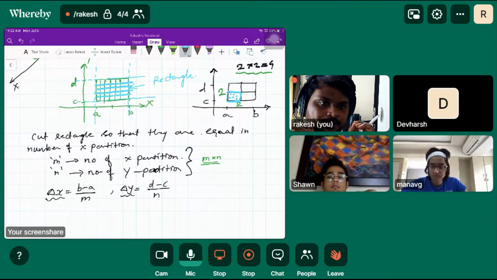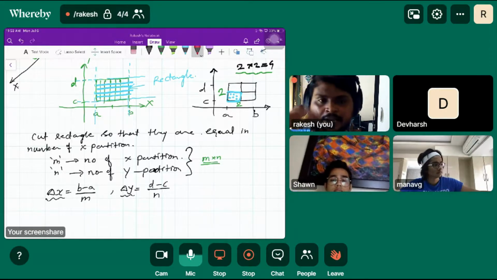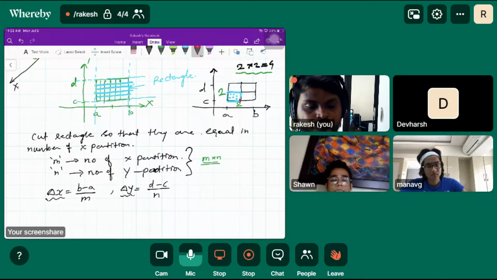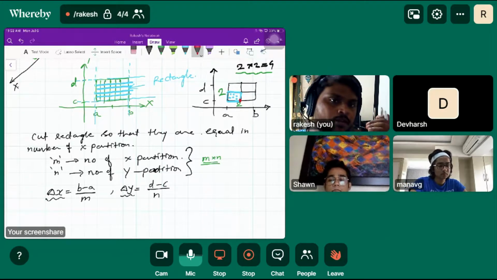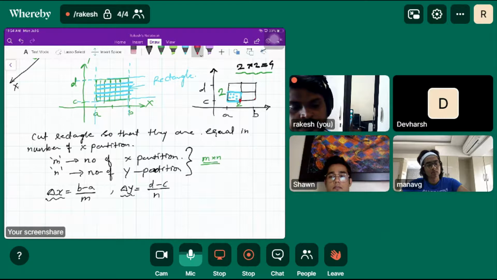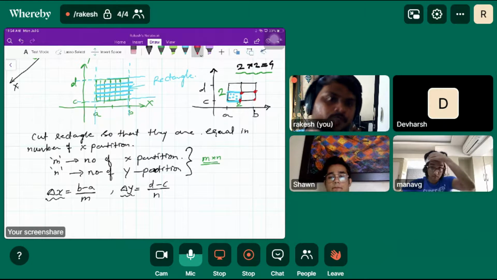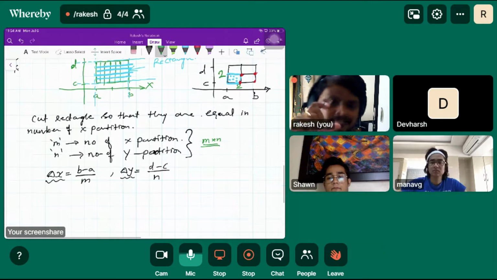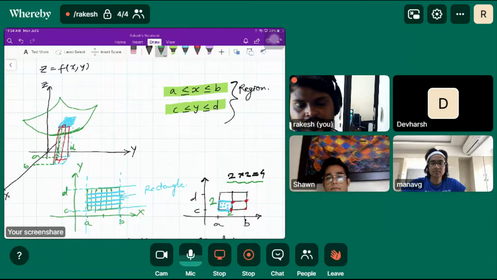Ideally, the information will be given in the question, like which point we are supposed to plug in. For example, if it says the right lower corner, this will be the right lower corner of each rectangle. If you plug that point in the function, that gives you the corresponding z value, and that z value is nothing but the height of that cuboid.